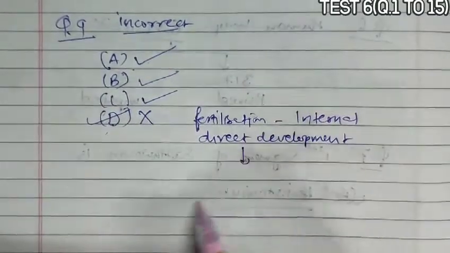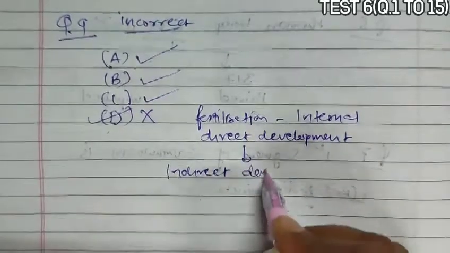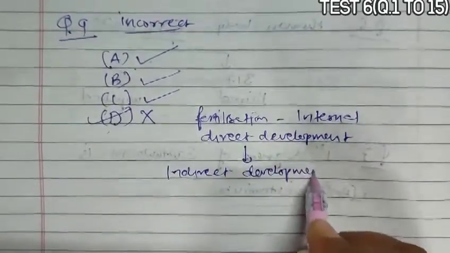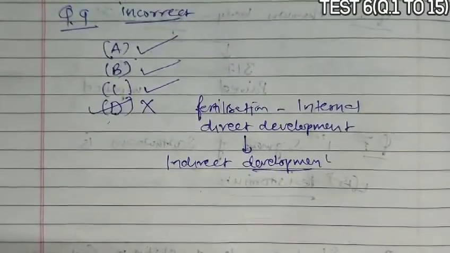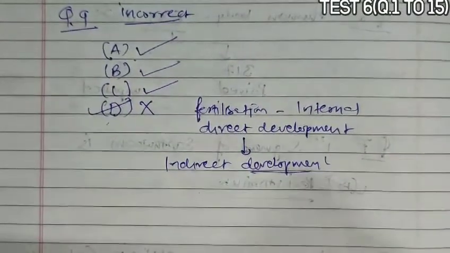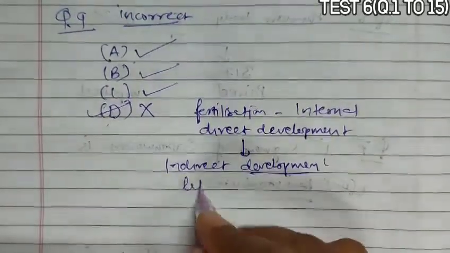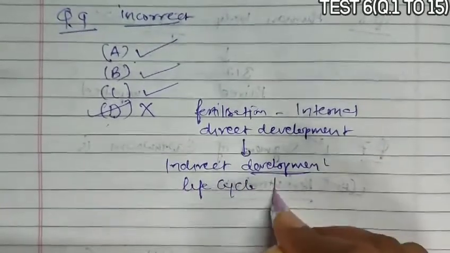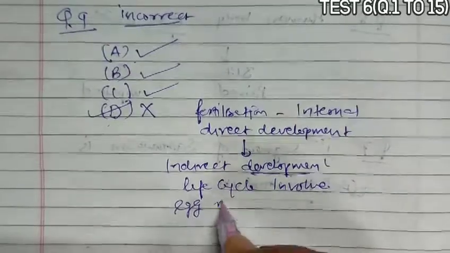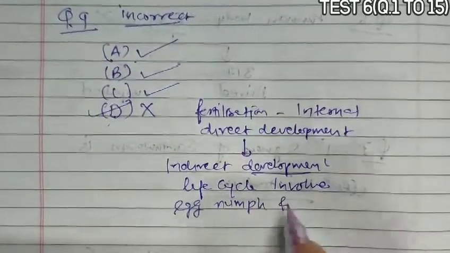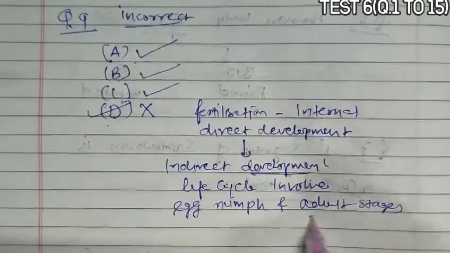But if we talk about the development, they have an indirect development. Now, why they have an indirect development? Because life cycle involve 3 stages: egg, nymph and adult stages.